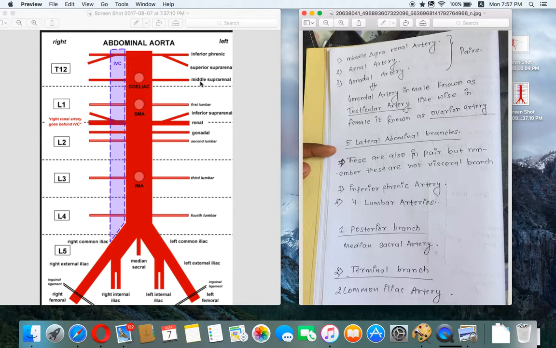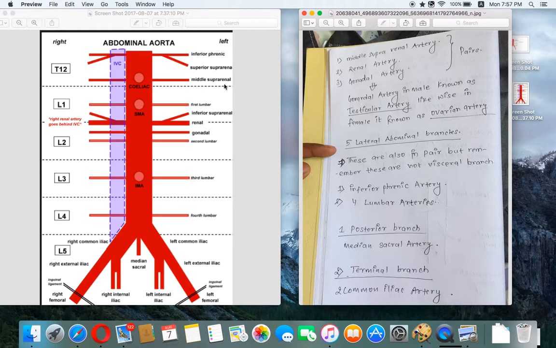Similarly, the second one is the renal artery. Here the name itself tells that it supplies the visceral organs, so it is known as the lateral visceral branch. Renal means kidney; the middle suprarenal supplies the upper parts of the kidney.